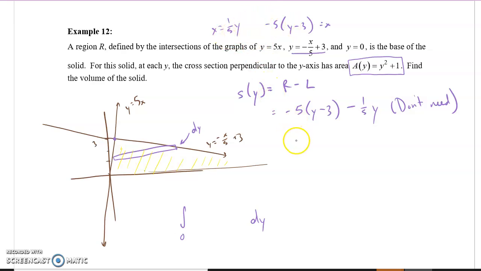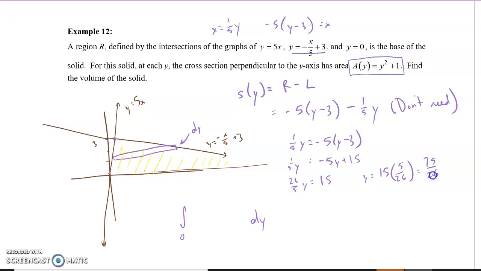Might as well do that since I've already gone through the process. 1/5 y equals negative 5 y minus 3, or negative 5 y plus 15 equals 1/5 y, or 26 over 5 y equals 15, or y equals 15 times 5 over 26, or 75 over 26. That's the y value of that point right there.